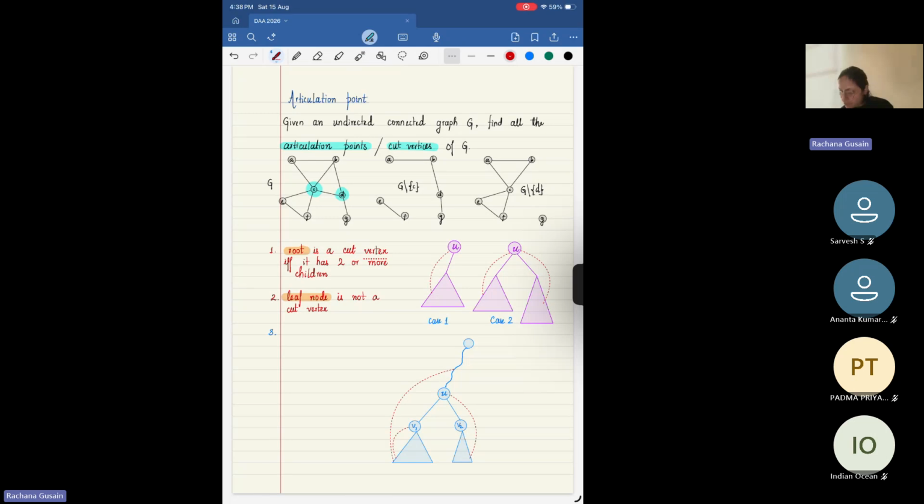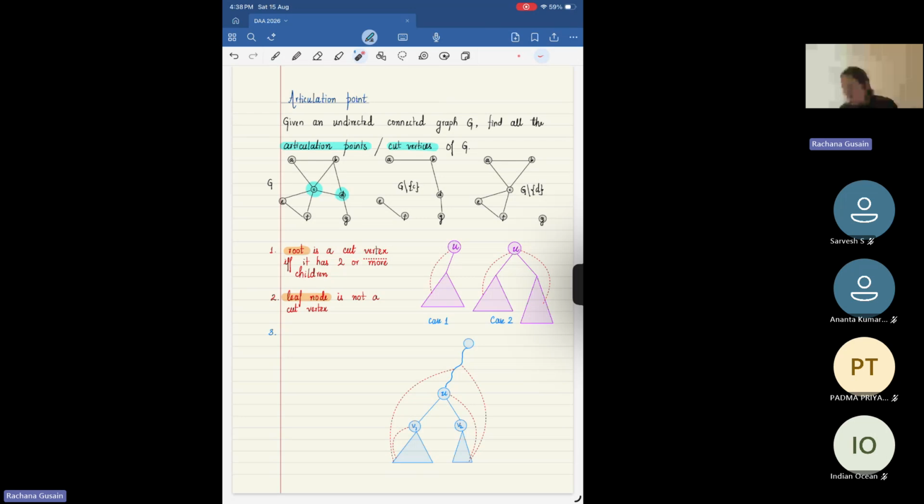So a number of back edges can be there. Suppose this was the scenario. You had a vertex U. It has a number of children, and for every child there is a subtree associated with that child.